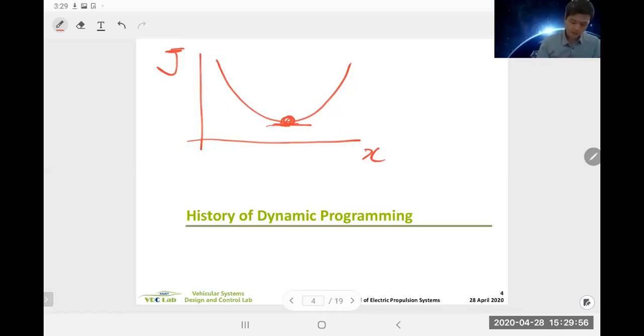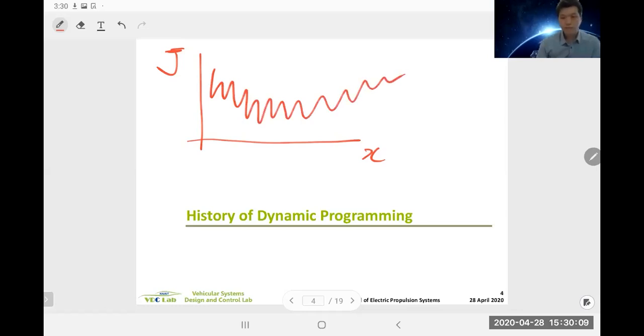But if your problem turns out to be a very noisy surface, then local optimal can be a huge problem, right? If you start from here, you may end up here.